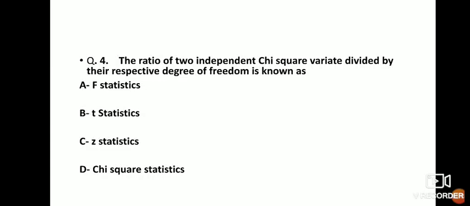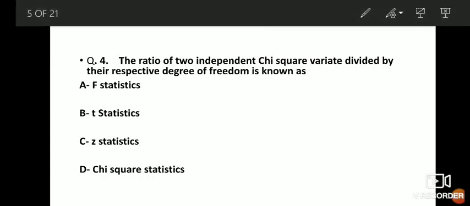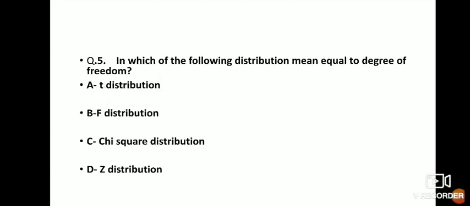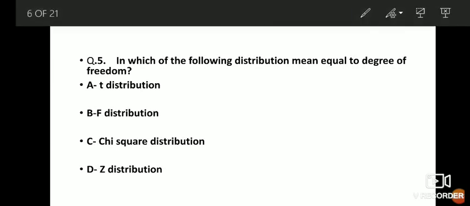The correct answer is f statistics, which is given in option A. Then next, in which of the following distributions is the mean equal to the degrees of freedom? The given options are t, z, f, chi-square distribution, and the mean is equal to the degrees of freedom in the case of the chi-square distribution, which is given in option C.